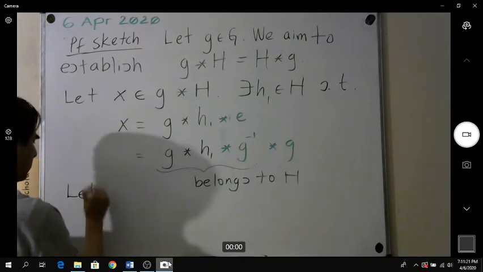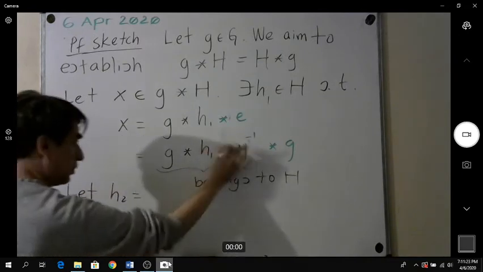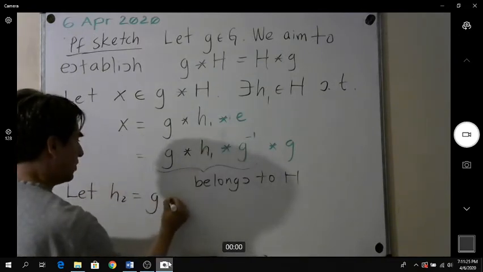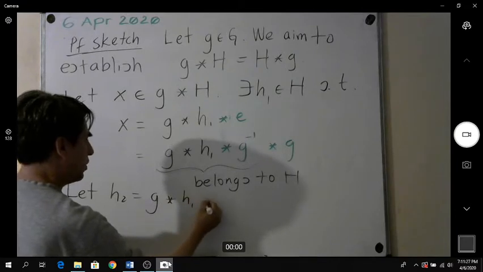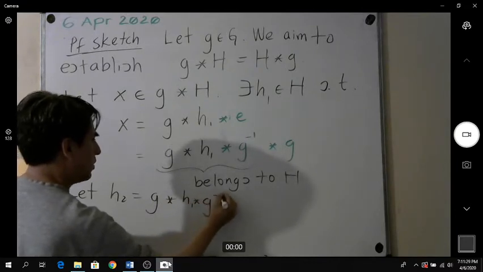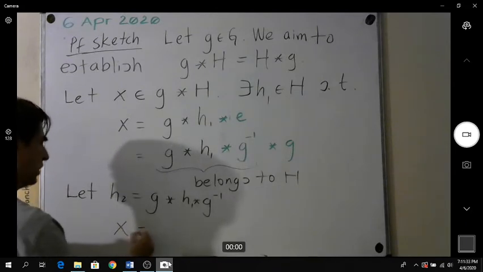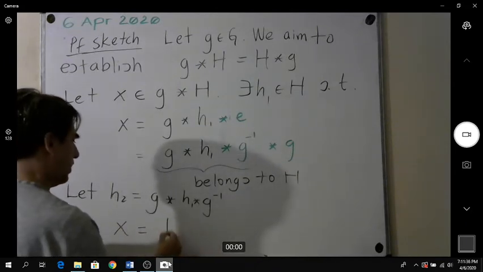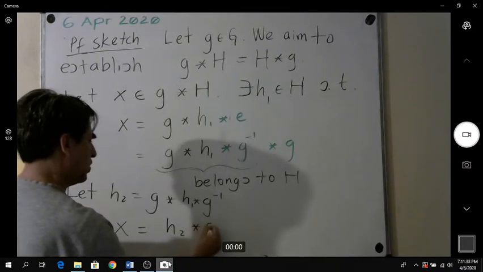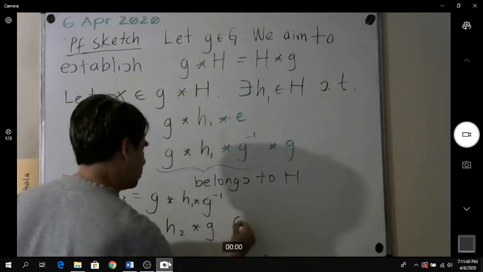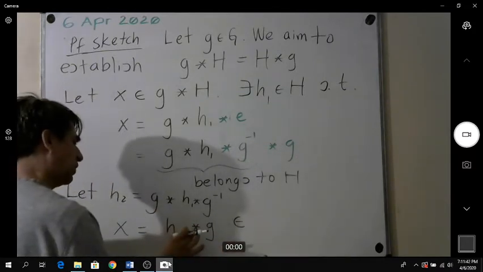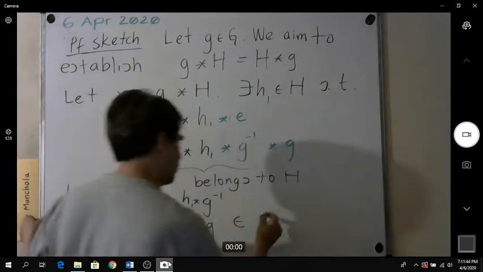So let h2 equal that expression, g star h1 star g inverse. So we conclude that x equals h2 star g, which belongs to the right coset of H generated by g.